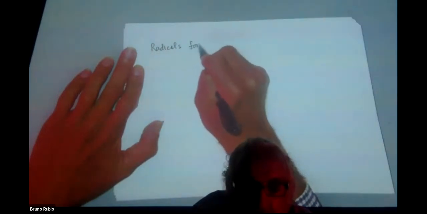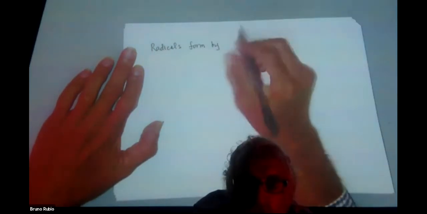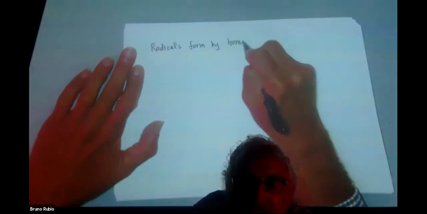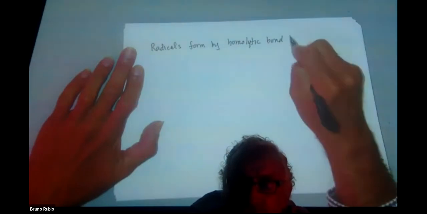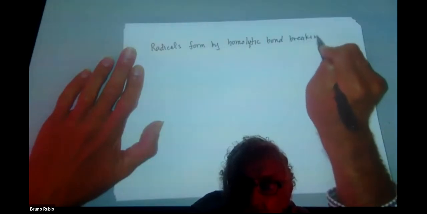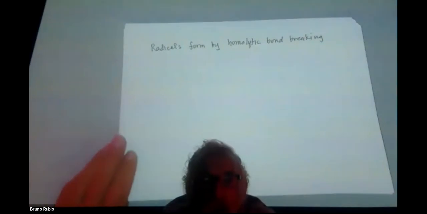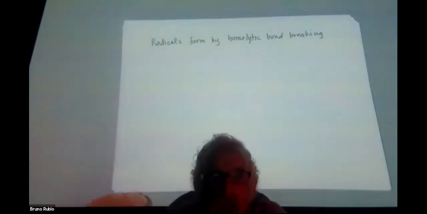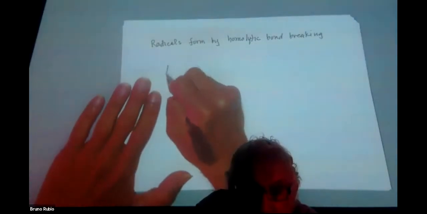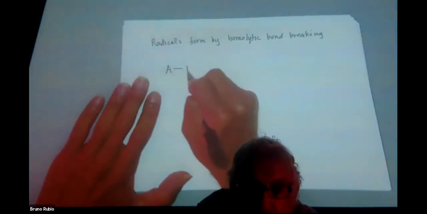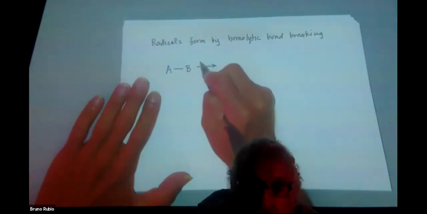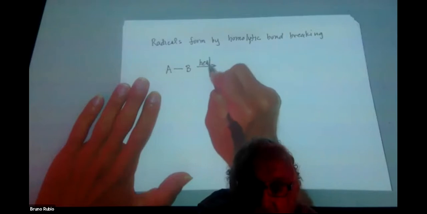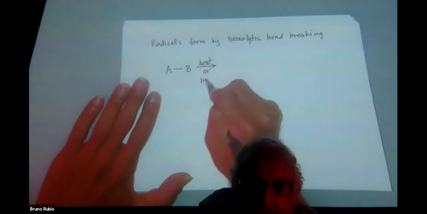Radicals form by what is called homolytic bond breaking. So a homolysis or a homolytic bond breaking means that we have an atom A and it's bonded to atom B. What we do here is we either add heat or light.